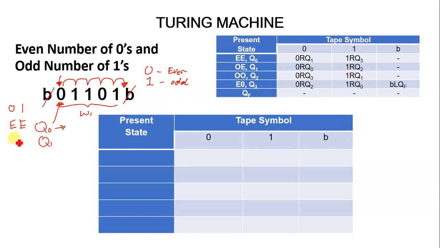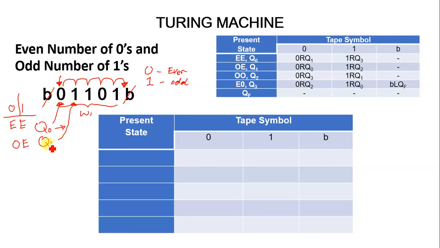So at this state, the number of 0s is odd and the number of 1s is even. Next, at Q1, the tape head will read the next alphabet, which is 1.